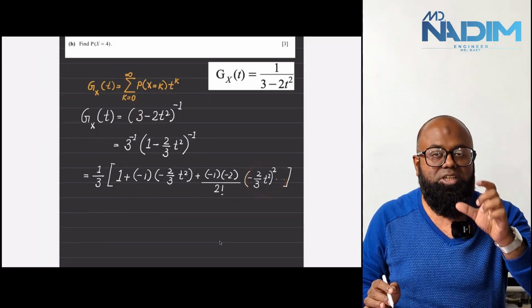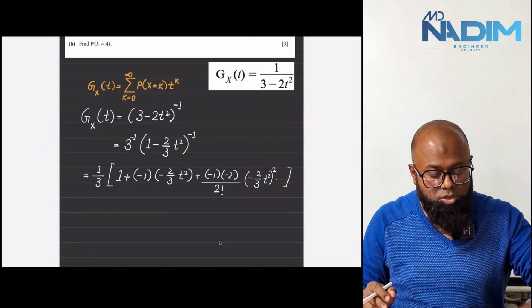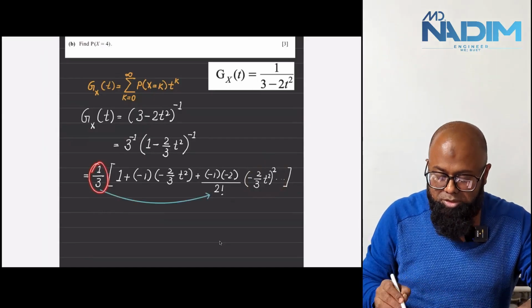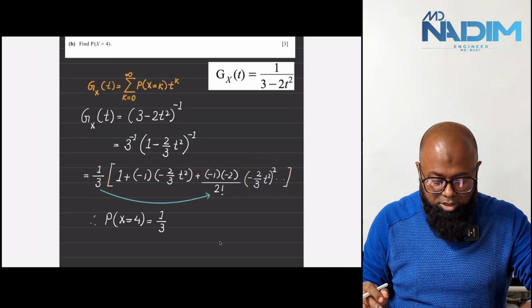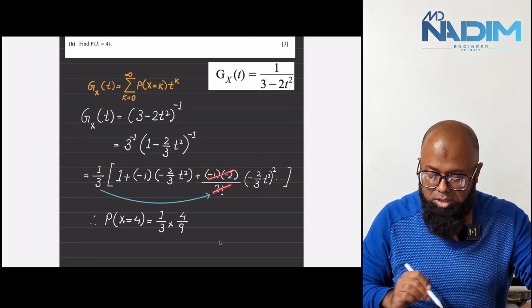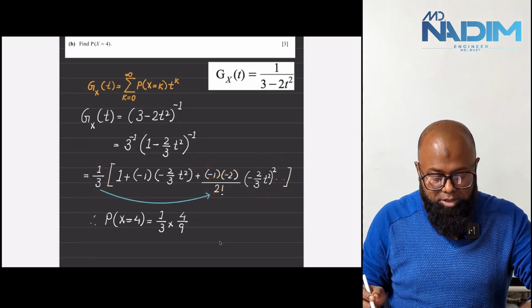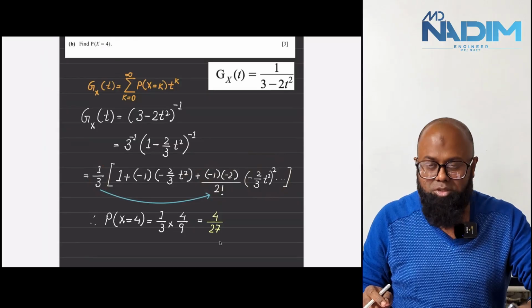So I am actually concerned about the coefficient of this term. So if I multiply 1 by 3 with this term, I'm getting, use your calculator guys to get this value, 1 by 3 into 1 by, this is 1, and then 4 by 9. So this is actually the probability of X is equal to 4.